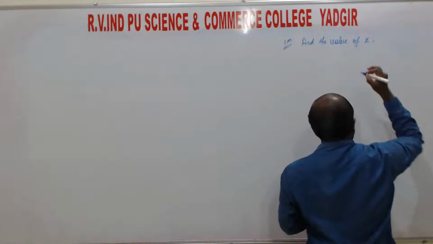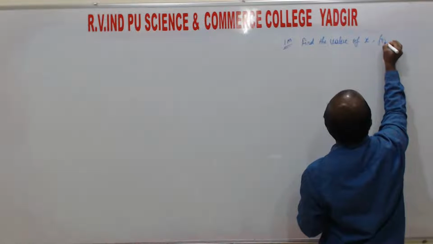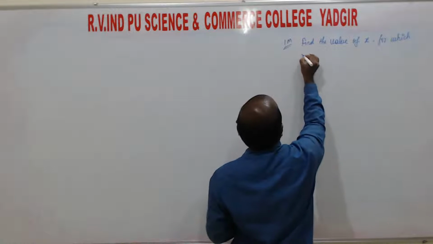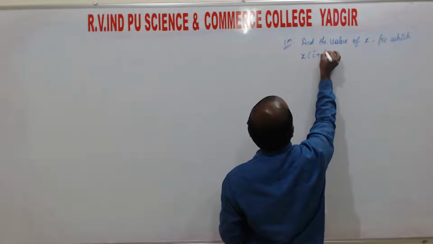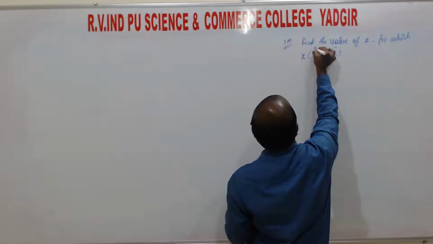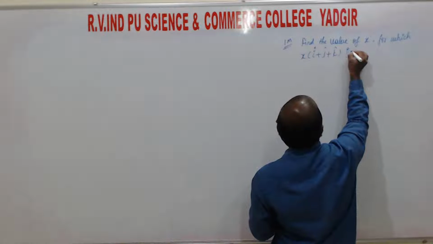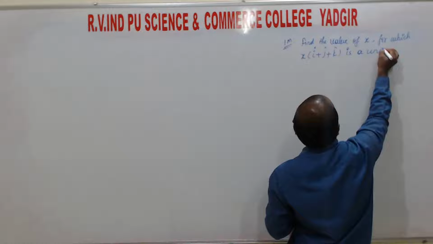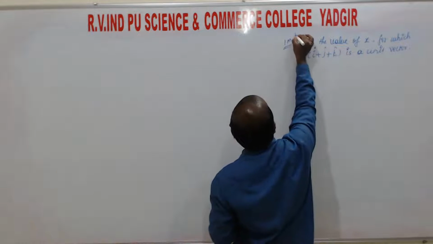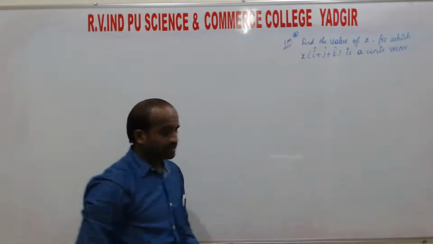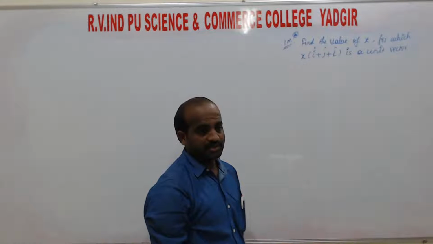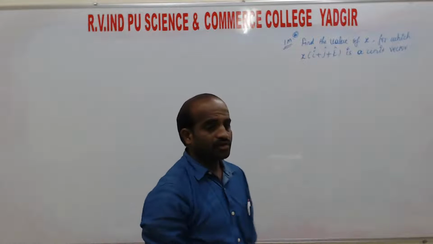Find the value of x for which x into (i plus j plus k) is a unit vector.